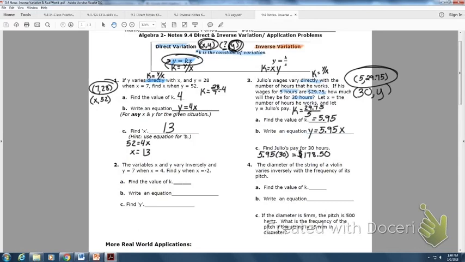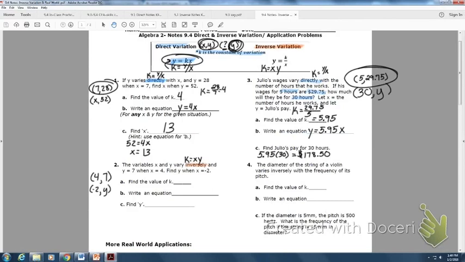So let's jump down to 2. So it says that they vary inversely. So above that word, I'm going to put k equals x times y. And then it says whenever y is 7, x is 4. Find y when x is negative 2.